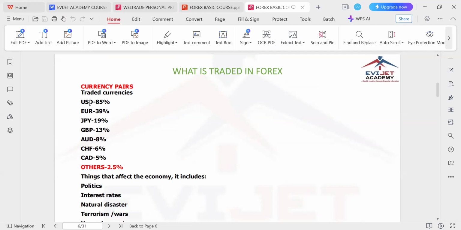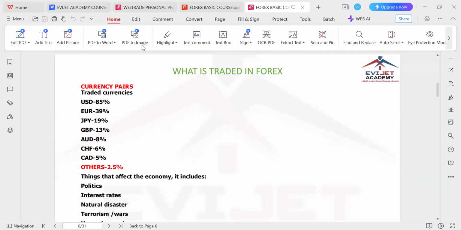So now, each of these currencies has its level of participation in the market. Now, USD is the most traded. Why? Because it's the most paired with every other currency. USD is paired with almost every other currency, so it's the most traded in the Forex market.